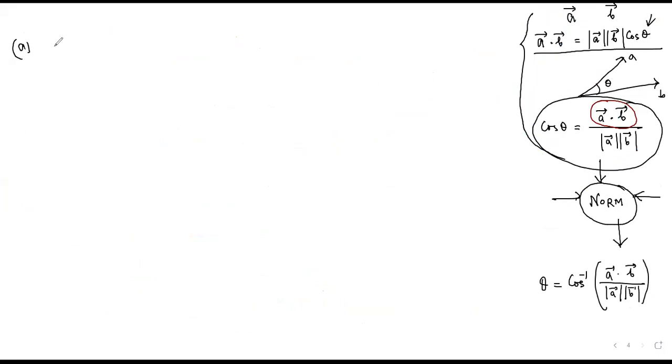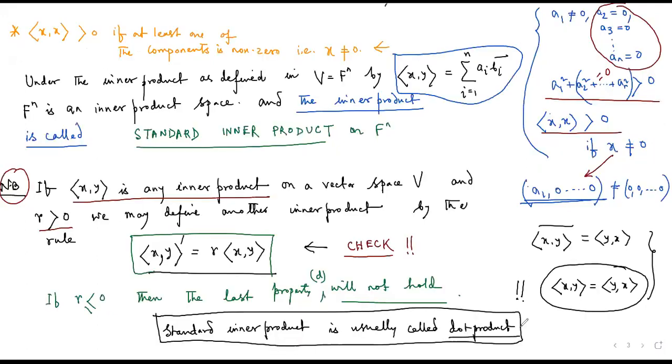We have 5 minutes. It is given that XY is inner product, so it satisfies all the properties defined in our previous discussion. Now, what is my inner product under consideration? It is XY prime.